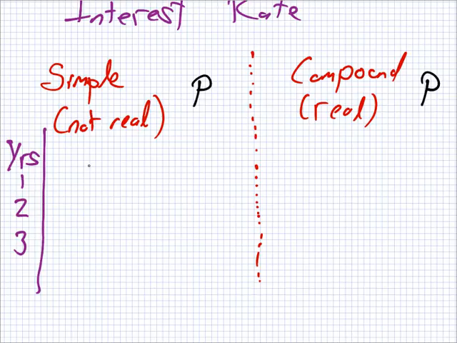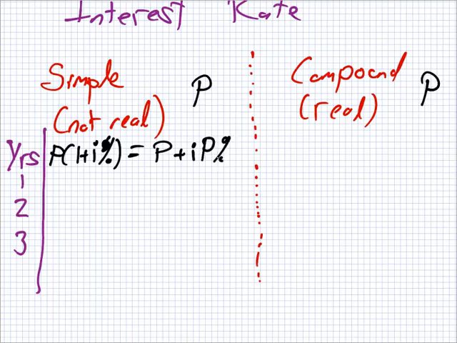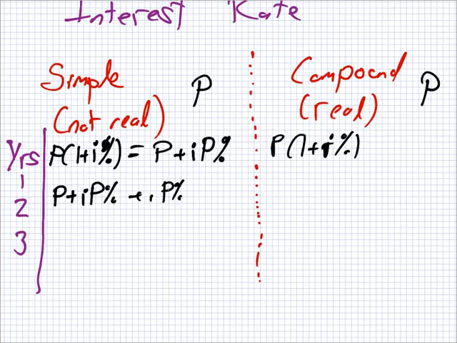P times 1 plus I percent, which is the same as P plus IP percent. And here in compound, it's P times 1 plus I percent. After 2 years in simple, you'll have P plus IP percent plus IP percent again.